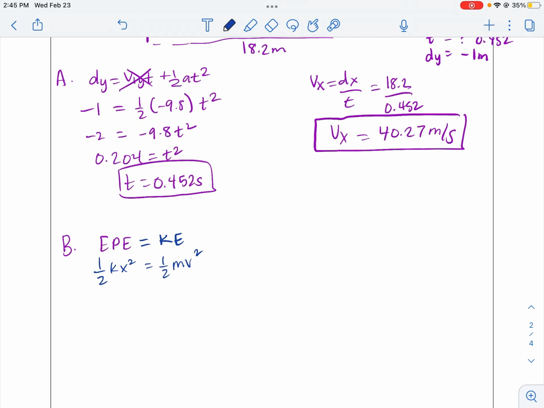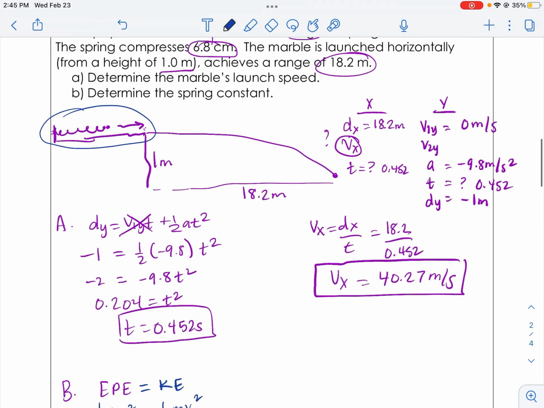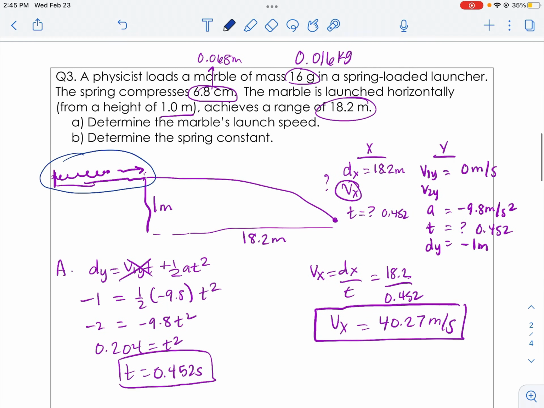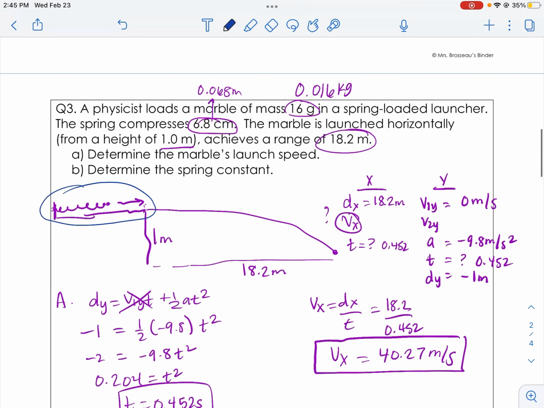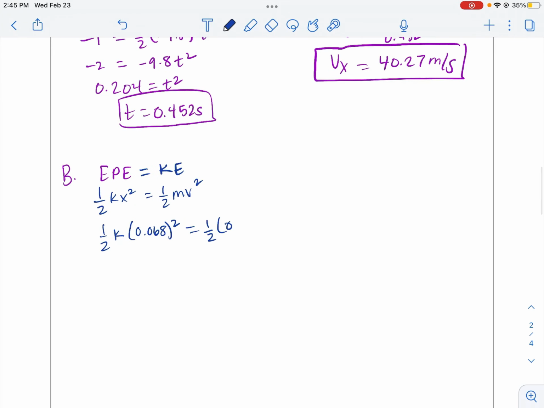We are trying to find k, so 1/2 k, and then it looks like our spring compresses 0.068 meters equals 1/2, and then the mass is 0.016 kilograms times 40.27 squared. Well, the halves cancel out.